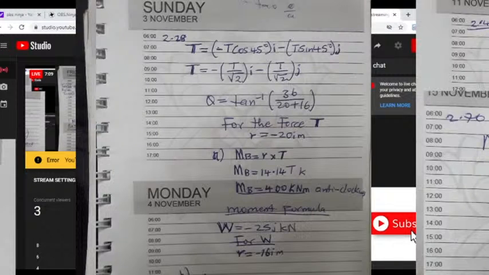I said tan theta equals opposite over adjacent, because if you check that diagram, we had 36 as a height, and we had 16 plus 20 on the x-axis. So I got the theta of the whole right triangle. That is the theta of the whole right triangle.